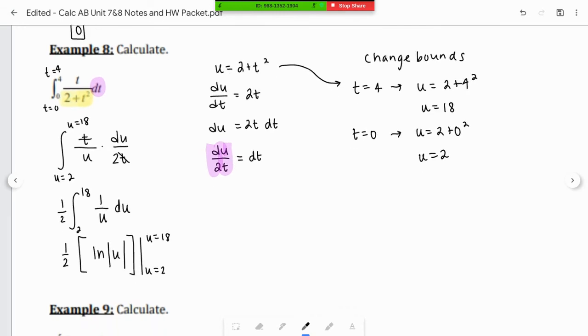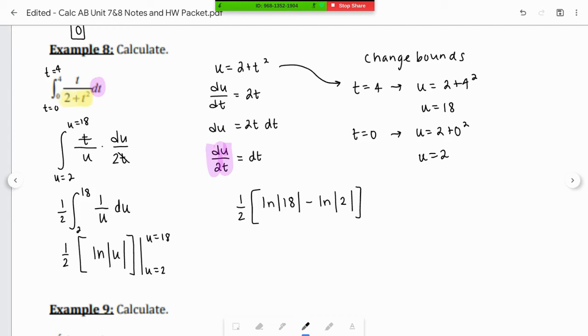So that means I'm going to have 1/2 times the natural log of the absolute value of 18 minus the natural log of the absolute value of 2. And so you could, in theory, leave your answer like this. That would be fine.